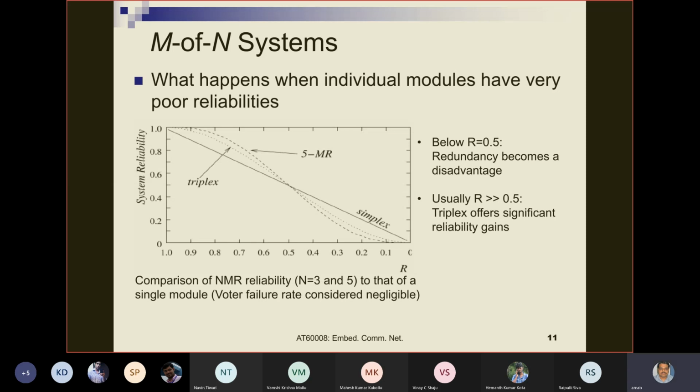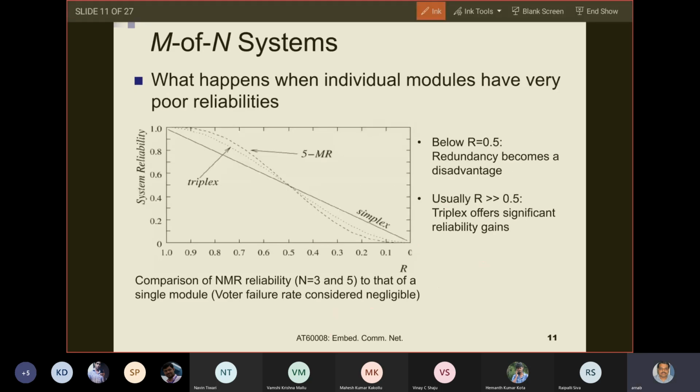So this is the comparison of NMR when n equals 3 and n equals 5 to that of a single module. When R is below 0.5, the redundancy becomes a disadvantage.